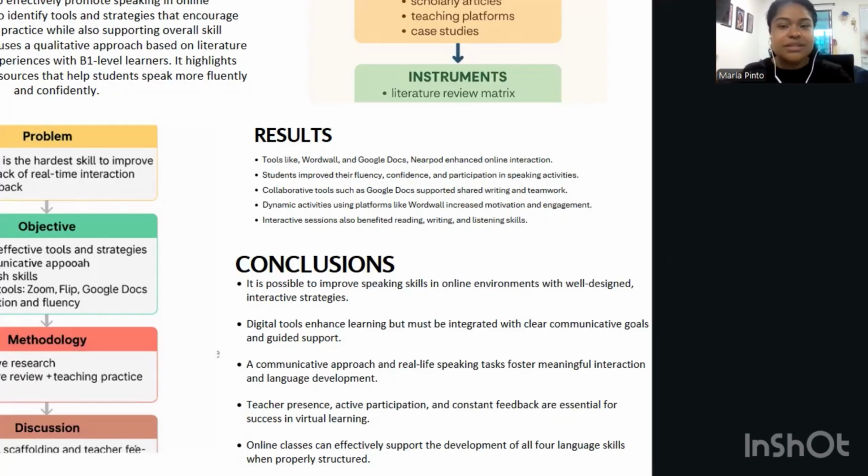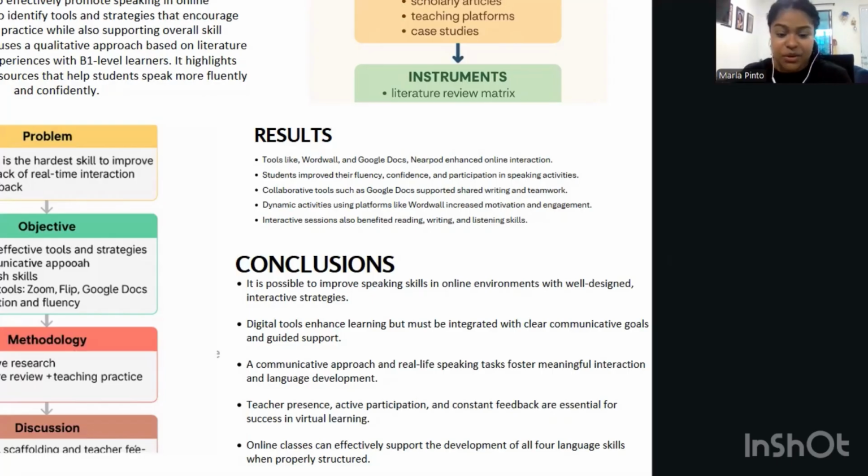And the students started to flow, started to speak and speak and speak, because they connected with real life in this context, and they could identify the facts that happened in their lives and put them into practice in the class.